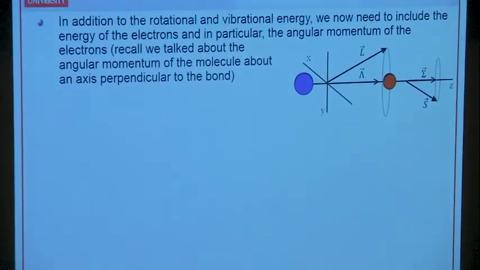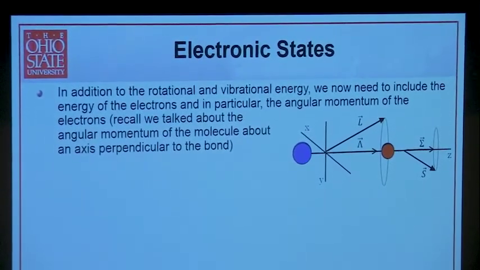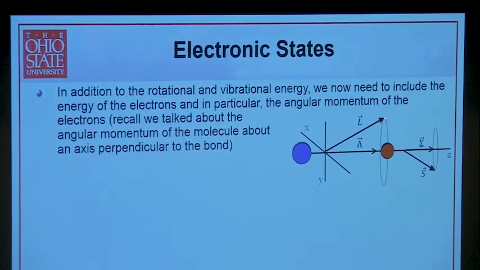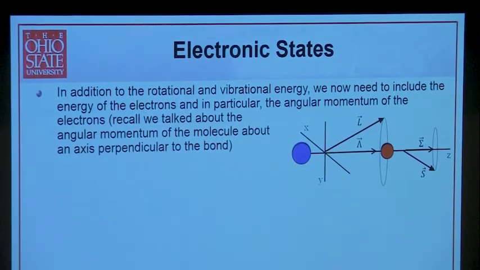So we have the energy of the electrons, and in particular, we're interested in the angular momentum of the electrons. Okay, so remember, in addition to nuclei, we have all these electrons, and they're spinning around really fast, right? So they have to generate an angular momentum. So here's a depiction. We have mass 1, mass 2. Okay.